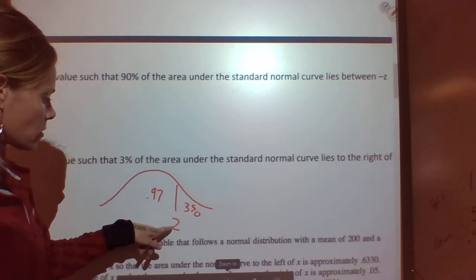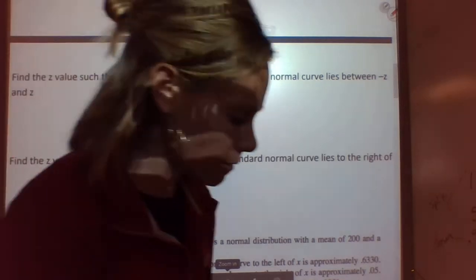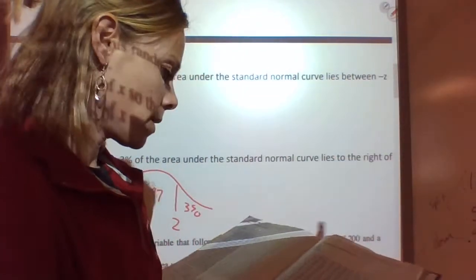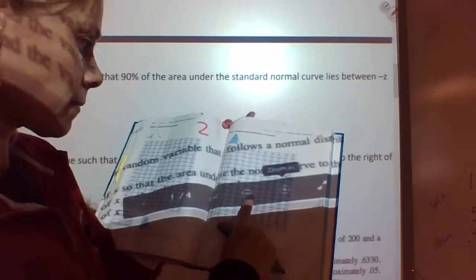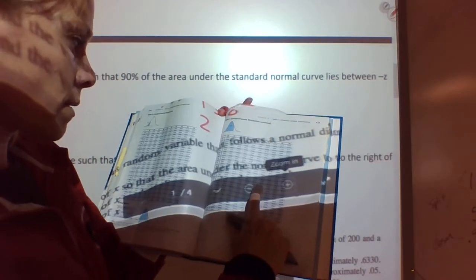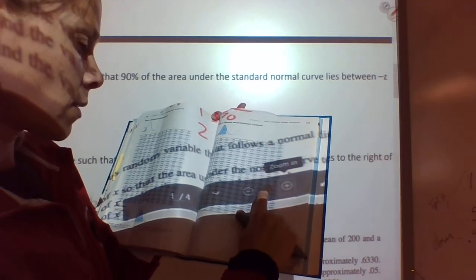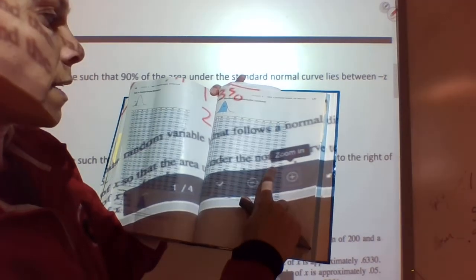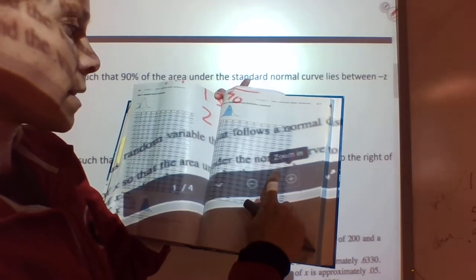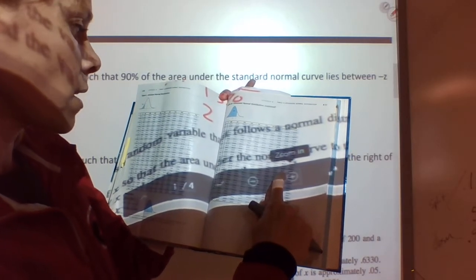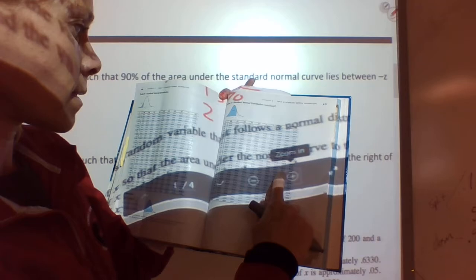Okay, so what z-score is for 0.97? So 0.97, you're over here. So it's 0.97 is closest, it's not in here, but it's closest to 1.88.